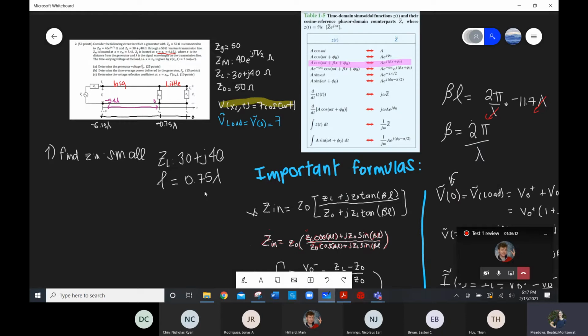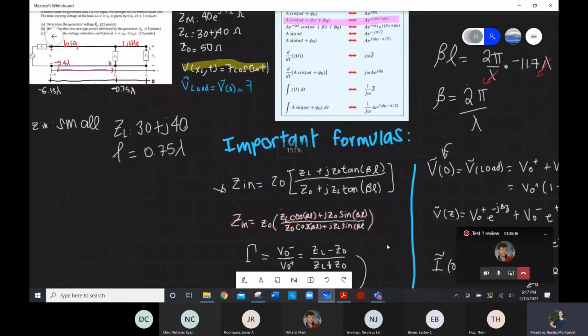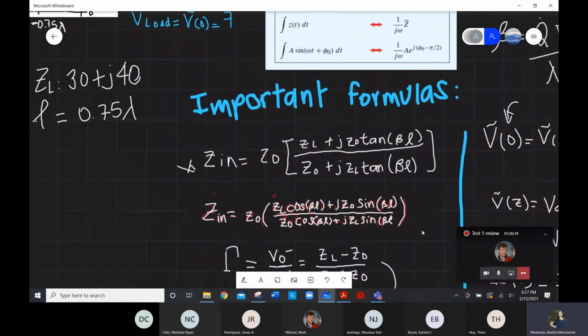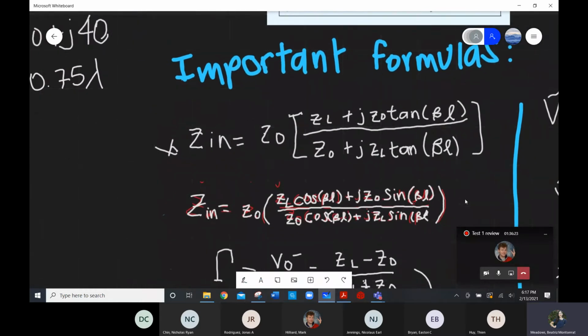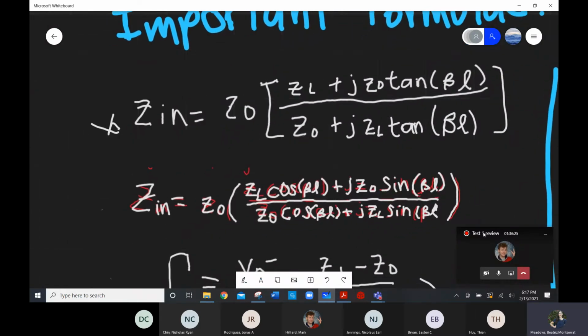So you're never going to get it. So what can you do? Since tangent is undefined at that location, that doesn't mean everybody is. That's why we have two formulas for Z in. Everybody used the tangent one because it was so much easier, until we got to that test.